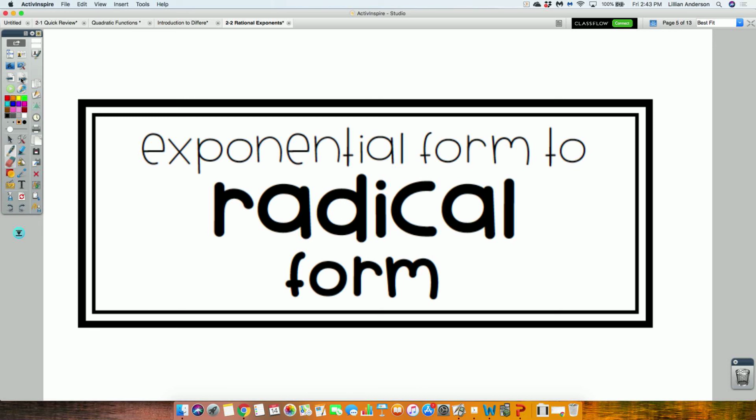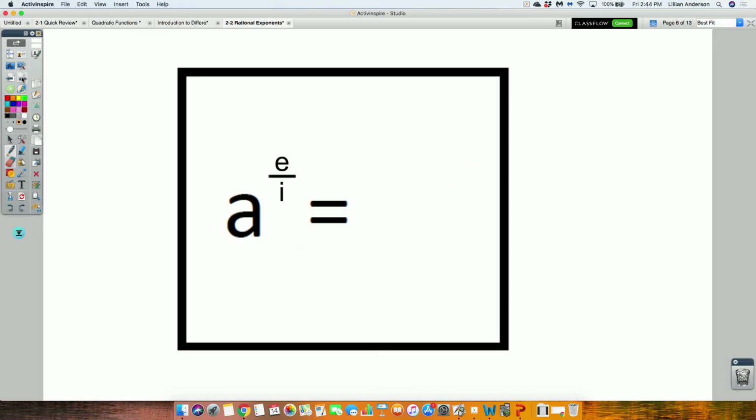How this applies to your rational exponents is that you can go from one form into radical form and vice versa, using the fact that your exponent is now going to be a fraction, not a whole number. This can be rewritten as the root, your index, then your number raised to your exponent.